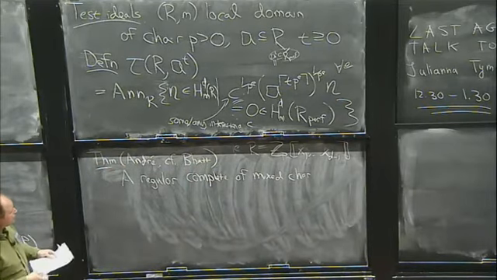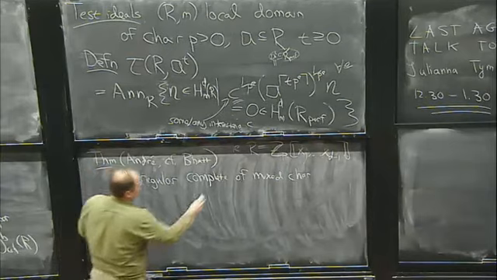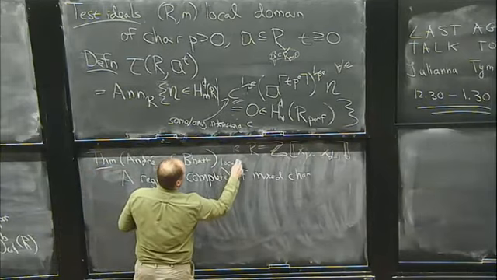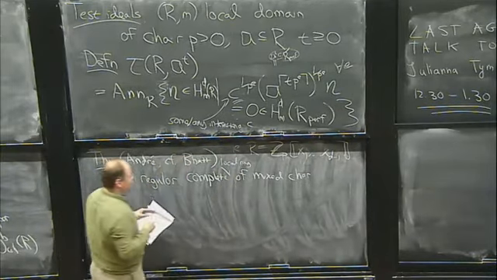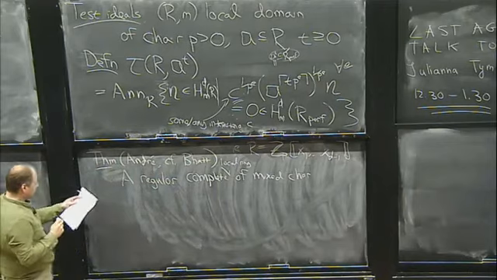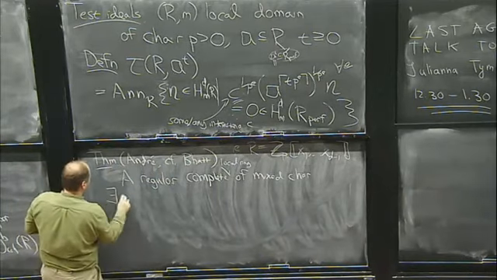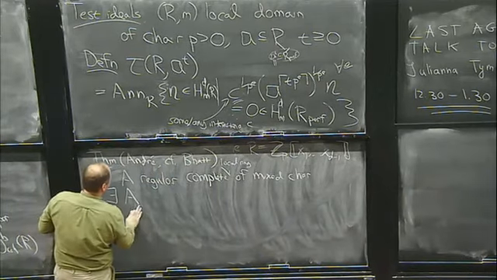So if I have a regular complete local ring of mixed characteristic, then there exists some extension, A infinity, over A, which has a bunch of nice properties.